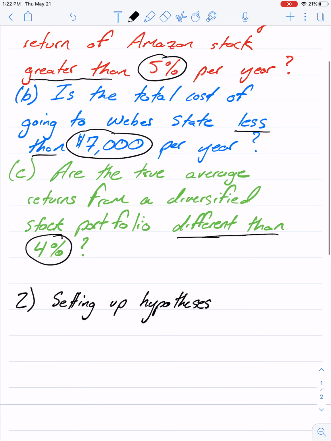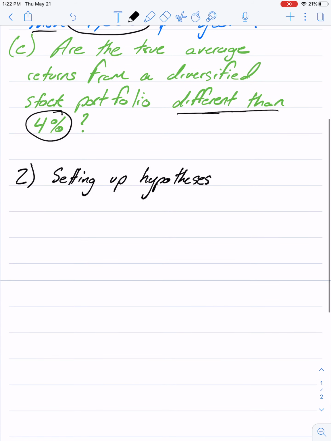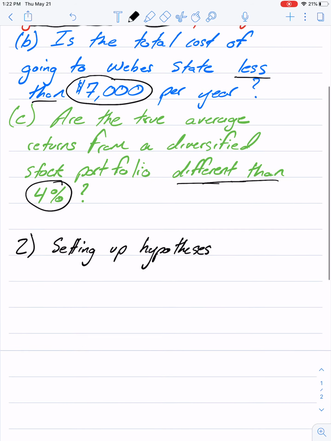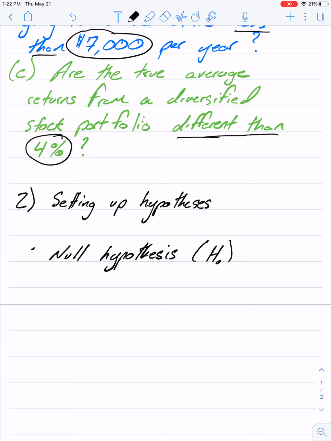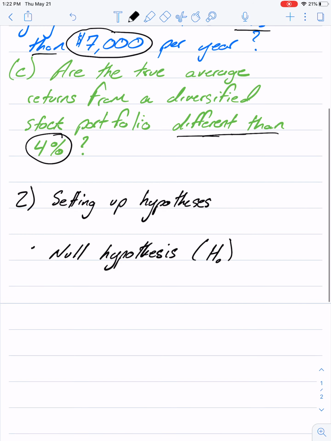And that's going to guide how we do step 2 of any hypothesis test, which is setting up the hypotheses. Now, for any hypothesis test, there's what's called a null hypothesis. That's going to be labeled H with a little 0, and you say "H naught," and that means the null hypothesis.